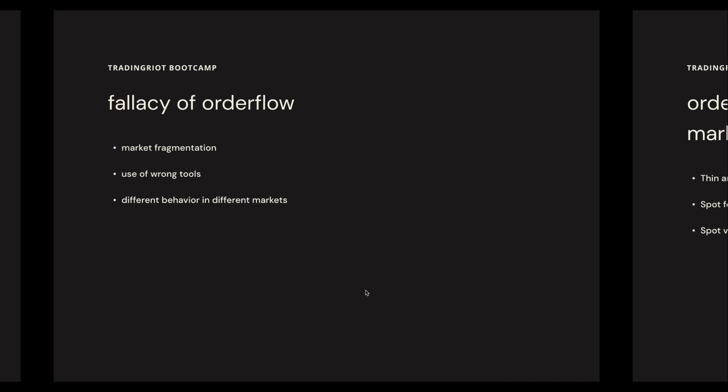The problems with order flow are that markets are fragmented. Obviously, in crypto you have a lot of different exchanges. This is your fragmentation. You have so many order books in crypto that it can get a little bit confusing.